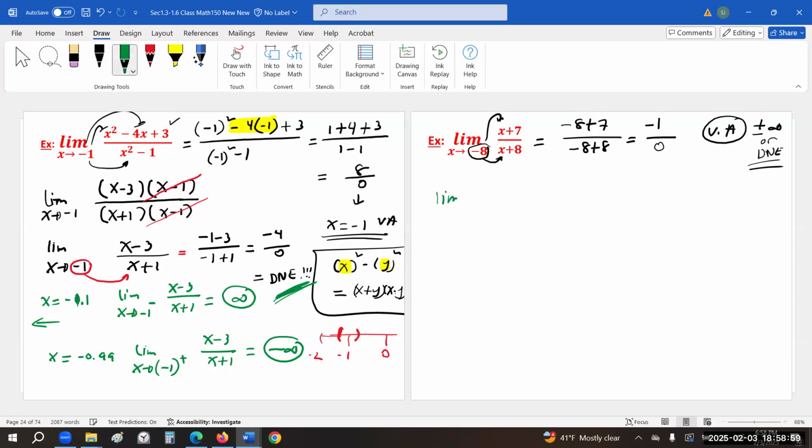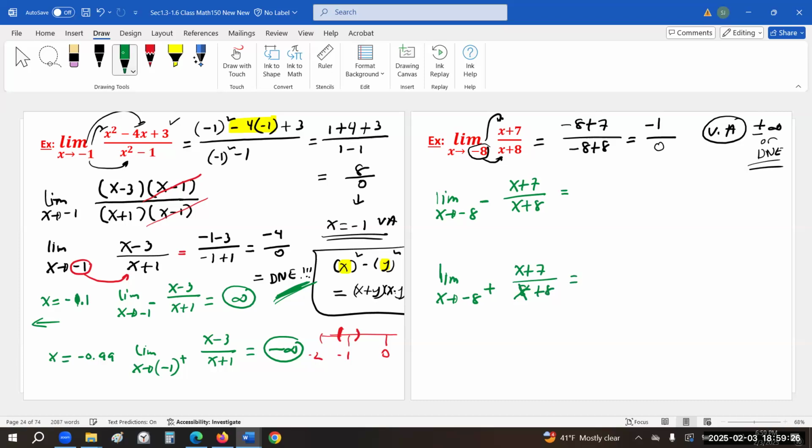So the limit as x goes to -8 from the left side, and the limit as x goes to -8 from the right side, of this function, (x+7)/(x+8).